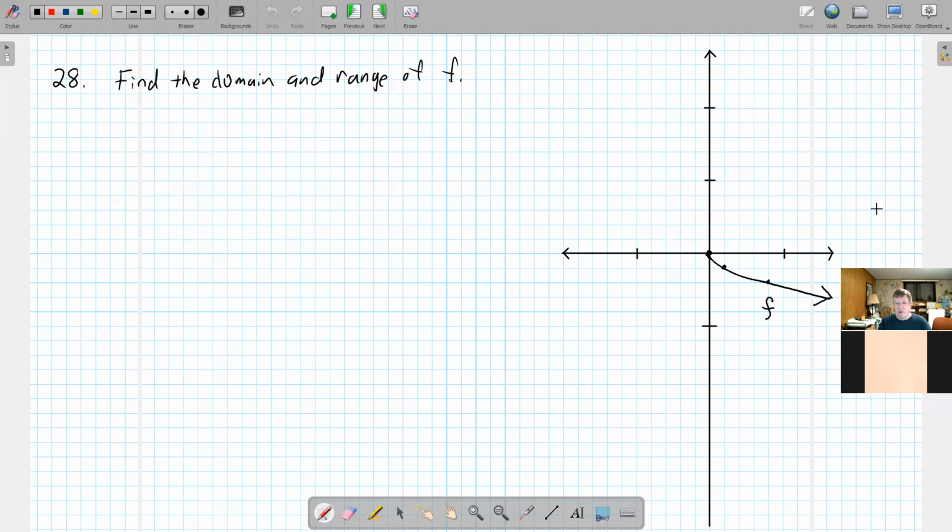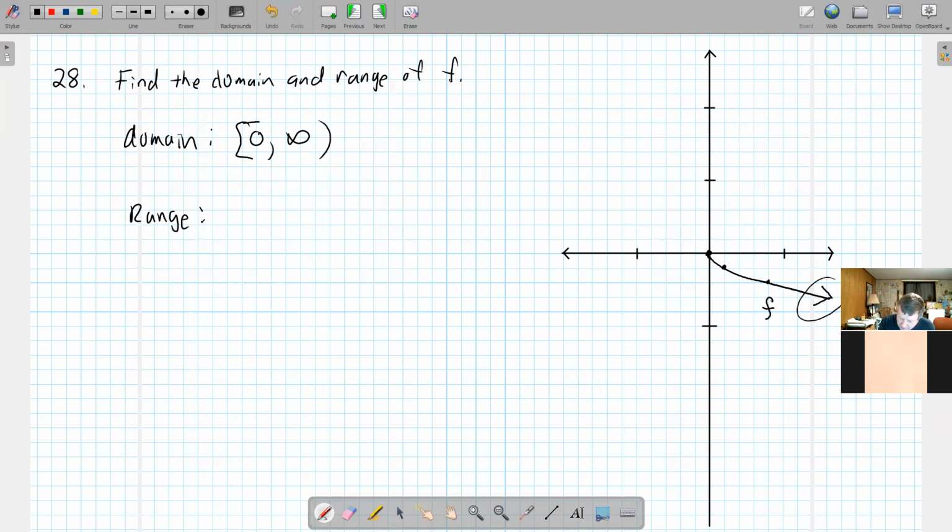Find the domain and range of f. Okay. The domain, well, the x values start where? At 0, and then go on forever to the right. So the domain would start at 0 and go on to positive infinity. The range, we take domain and range from smallest to largest.